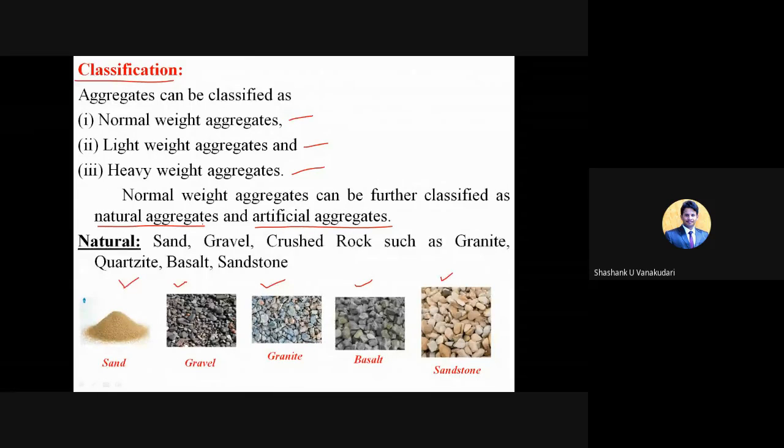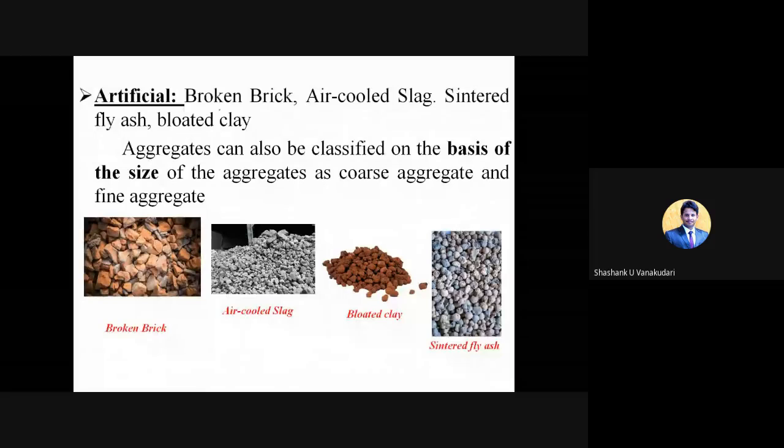And artificial, in the sense, we bring that as per our requirement. For example, broken brick, which comes after construction and demolition waste, or whatever waste product is generated in the manufacturing process of brick. That also we can consider as coarse aggregate. But it is a prepared, manufactured one, not naturally available, like broken brick. And even you can see air cooled slag.